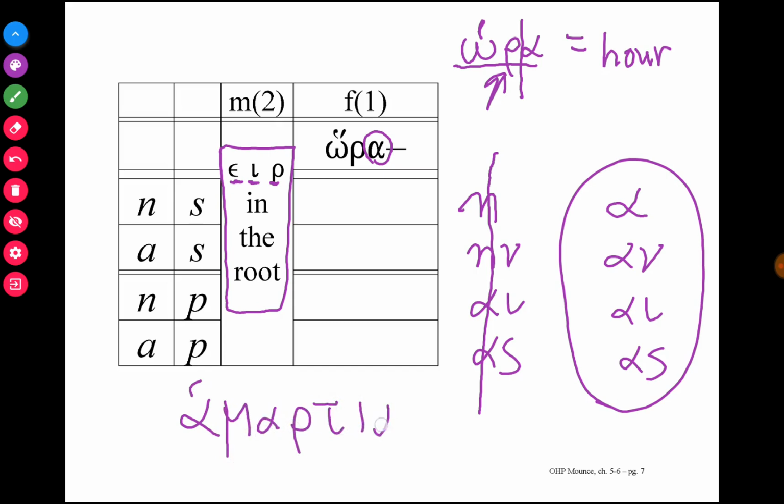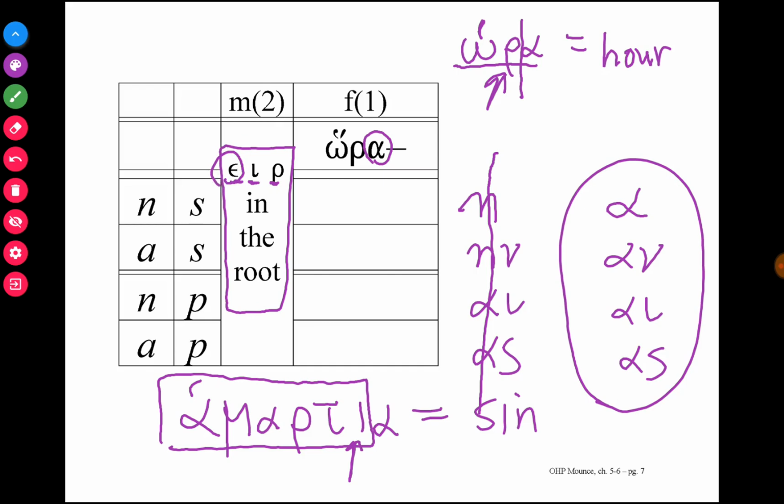Hamartia. This means sin. It's a big word used in the New Testament. This is the stem, hamarti. And notice that it ends with an iota. And remember, if it ends with an epsilon, an iota, or a rho, it will use these alpha endings.